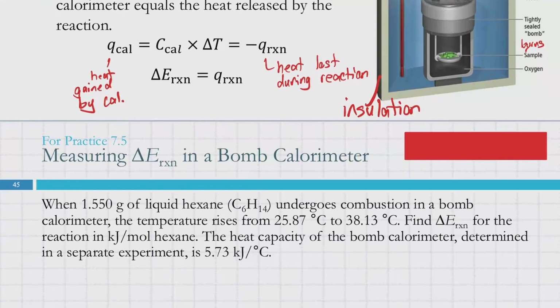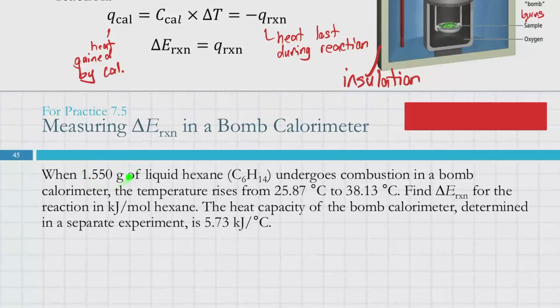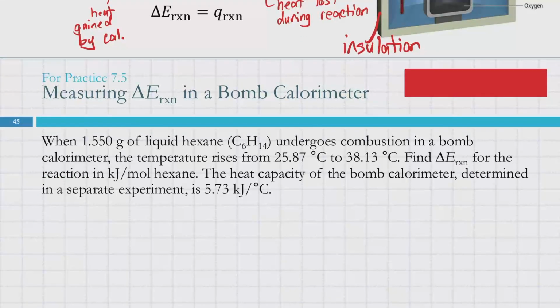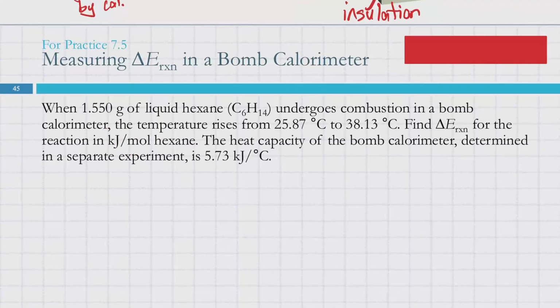Okay, calculations. When 1.550 grams of liquid hexane undergoes combustion in a bomb calorimeter, the temperature rises from 25.87 degrees Celsius to 38.13 degrees Celsius. Find the change in energy of the reaction in kilojoules per mole of hexane.